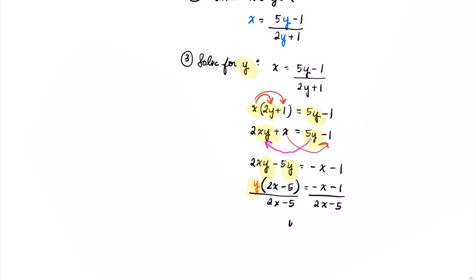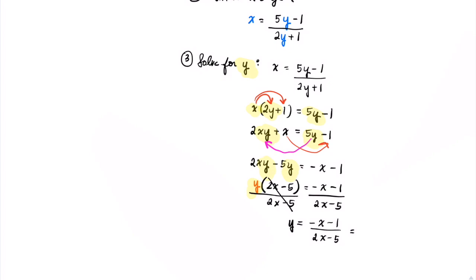So here we get y equal to, these reduce out, and we get negative x minus 1 over 2x minus 5. You could also play with the negatives. I know like in my open math, they play with the negatives a little.